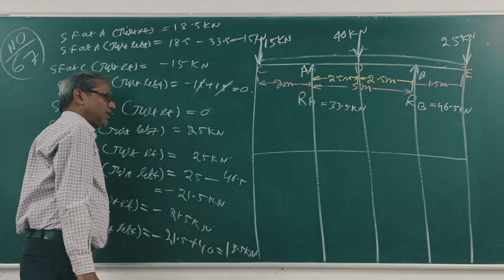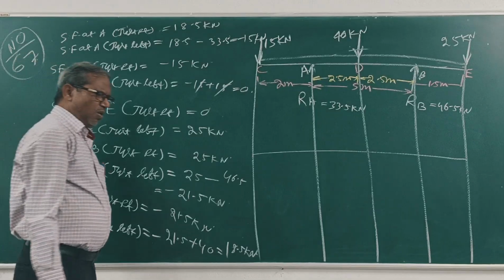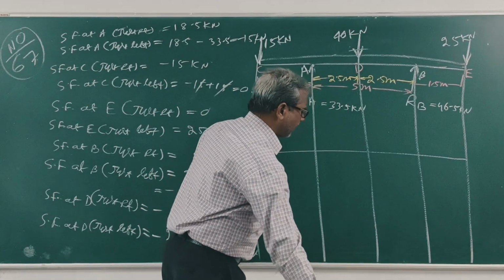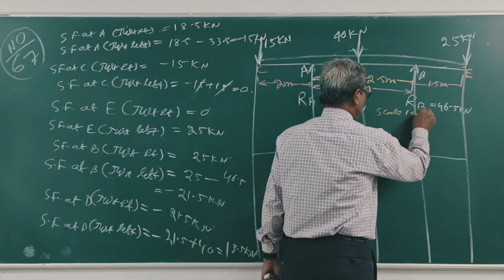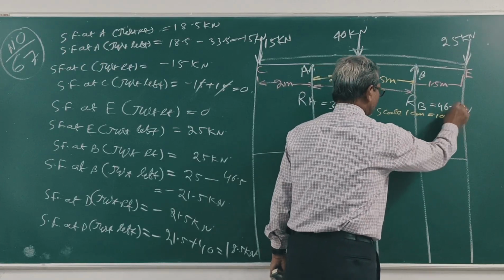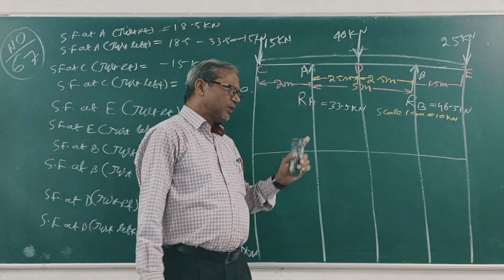Right? Now take a scale: 1 cm is equal to 10 kilonewton.